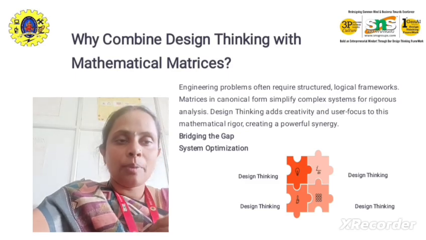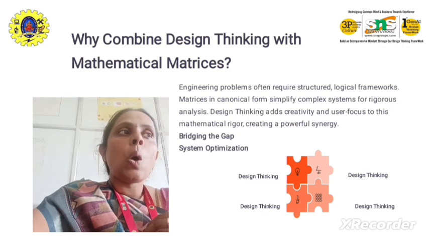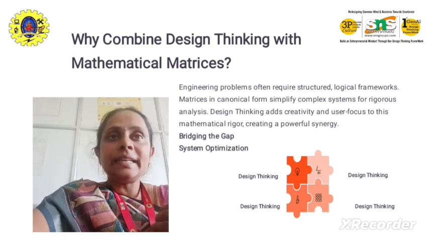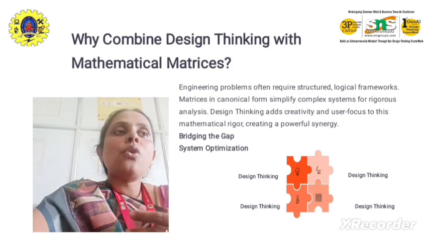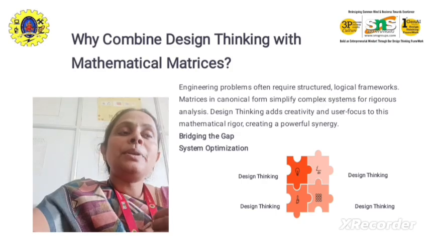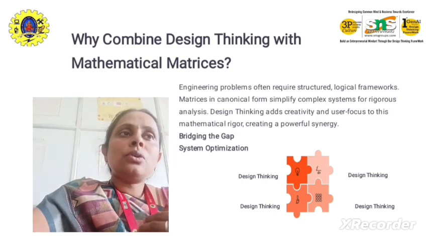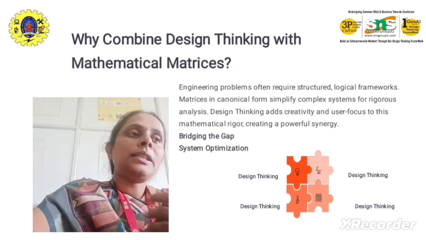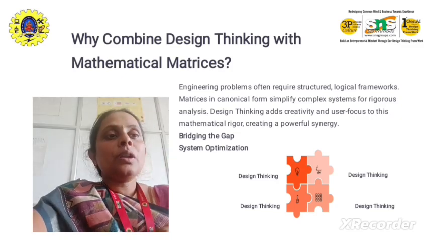Matrices in canonical form simplify complex systems for analysis, and design thinking adds creativity and user focus to the mathematics, creating a powerful scenario. This bridges the gap toward system optimization. In these two ways we use design thinking with the mathematical concept.